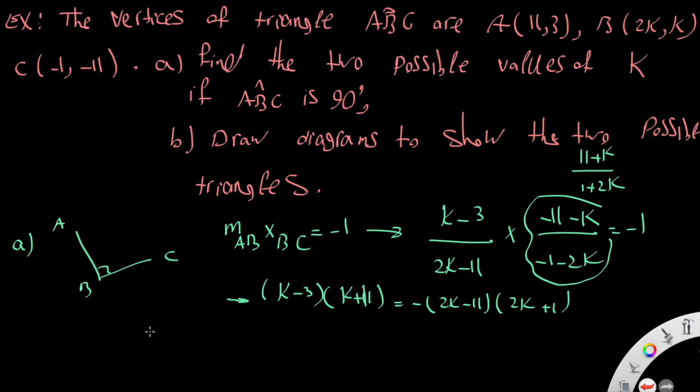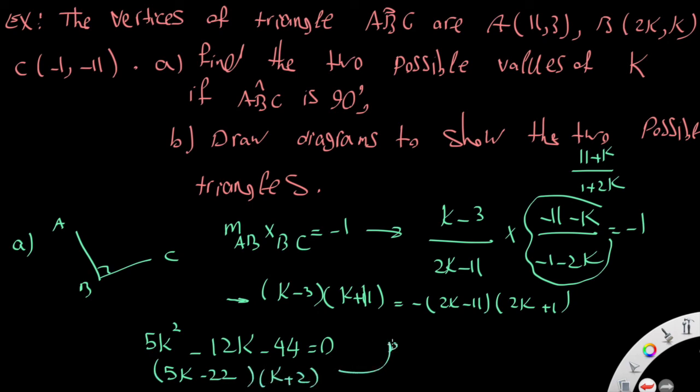After you simplify and you take everything to one side, it will become 5k squared minus 12k minus 44 is equal to 0, which factorizes to 5k minus 22 times k plus 2. So it gives you two answers here. k is once -2, and the other one is 22 over 5. These are the two possible values for k.